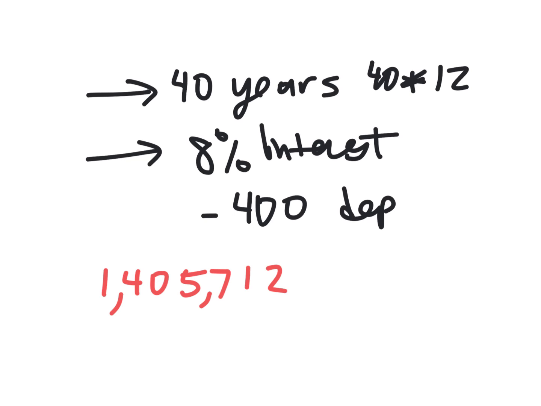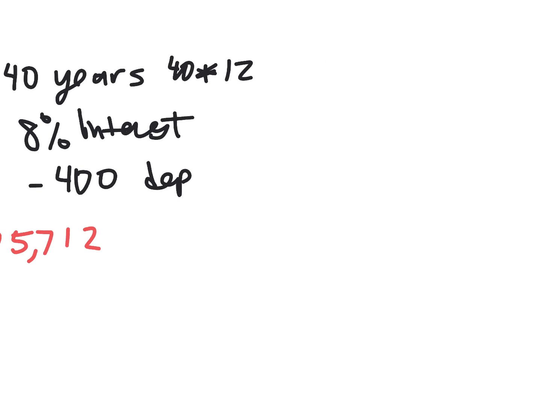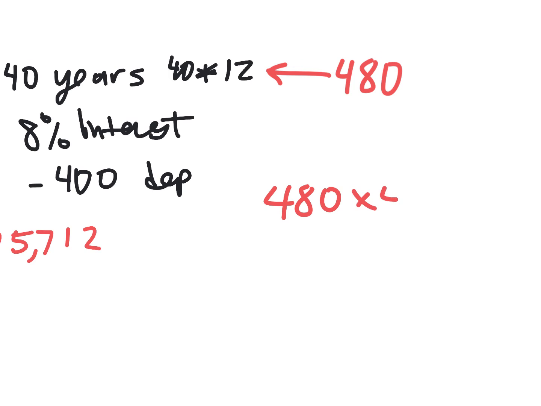But how much did you put in? You put in this many payments of 400. So here's how you do that. 40 times 12 was the 480. I made 480 payments of 400. You go 480 times 400, and then you know how much you actually put in. Everybody do that. 480 times 400.